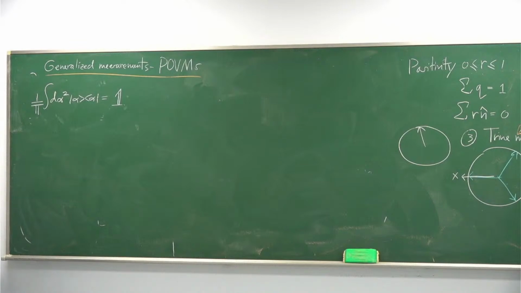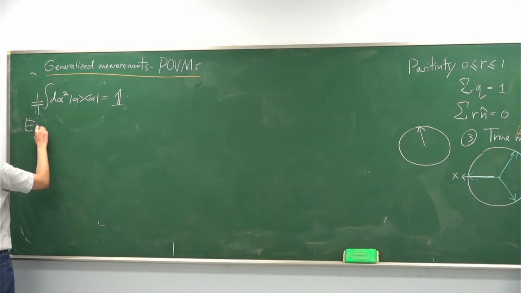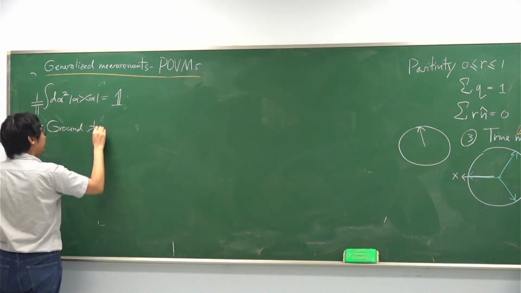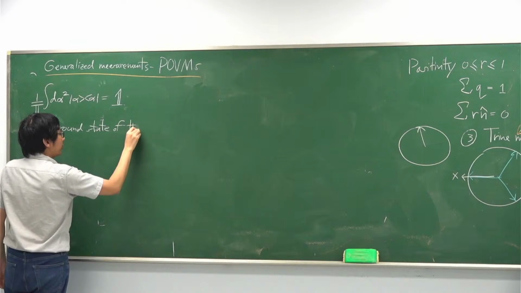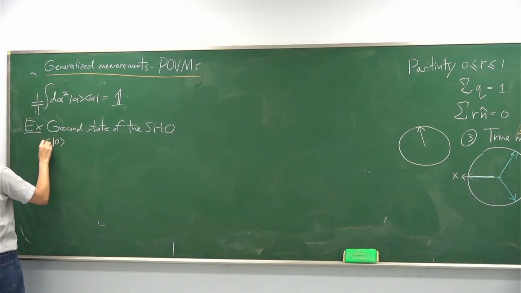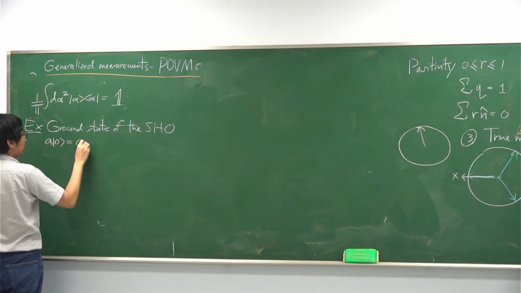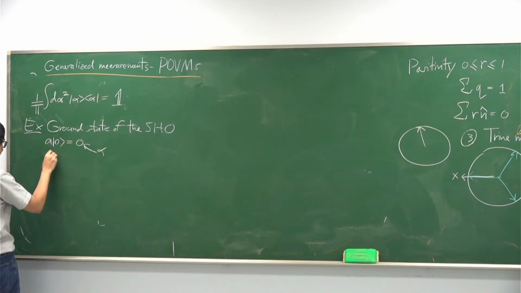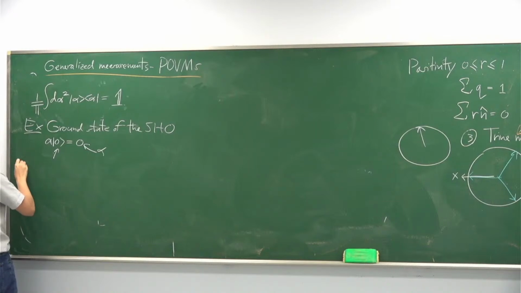Well, I haven't really told you what these alpha states are. One example is that the ground state of the simple harmonic oscillator is actually a coherent state, because the alpha here is just 0. And it turns out that what we know about this is a minimum uncertainty state.